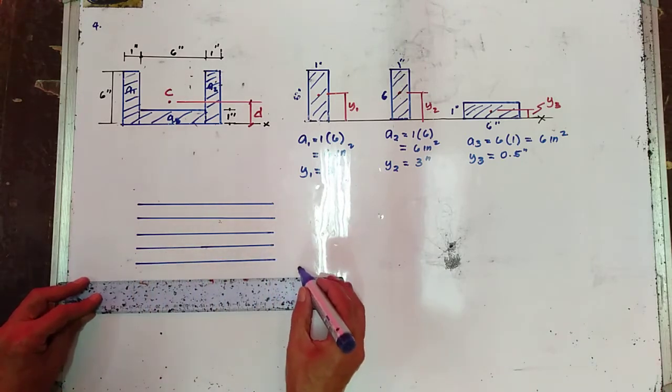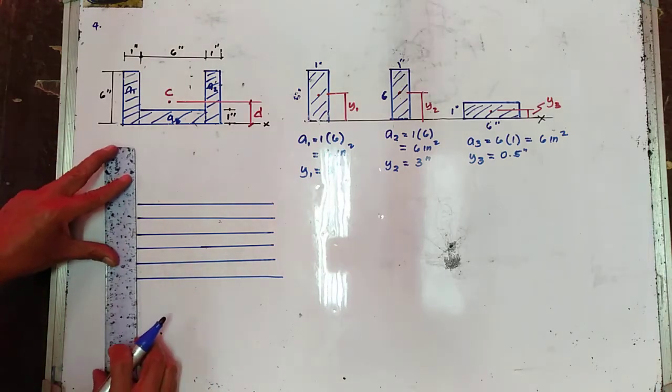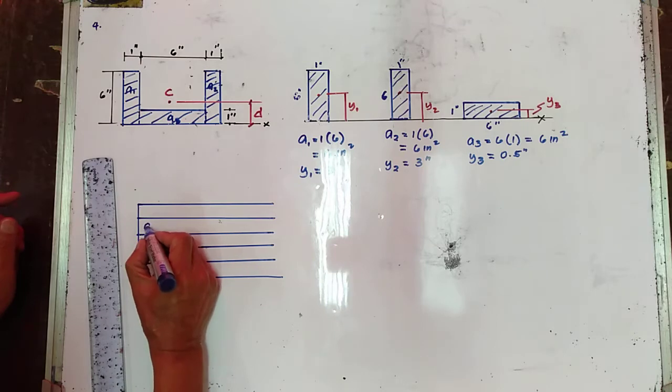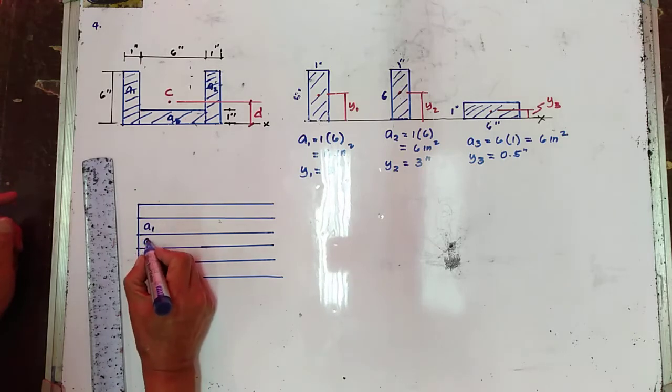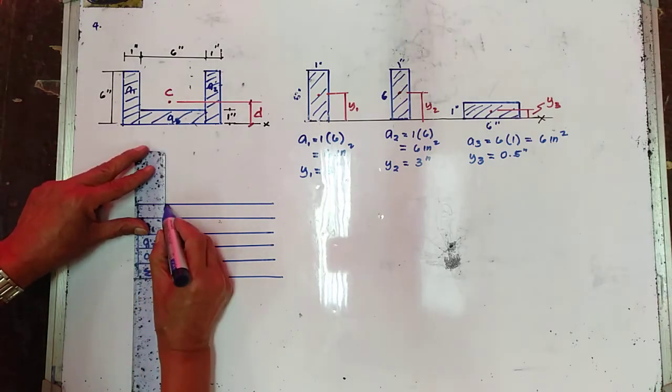And this is now the summation. So we now have your A1. This is your area 1. This is your area 2. That is your area 3. And we now have the summation.